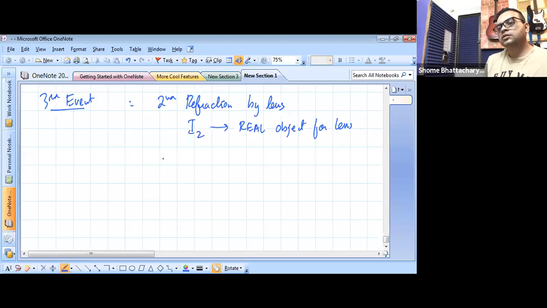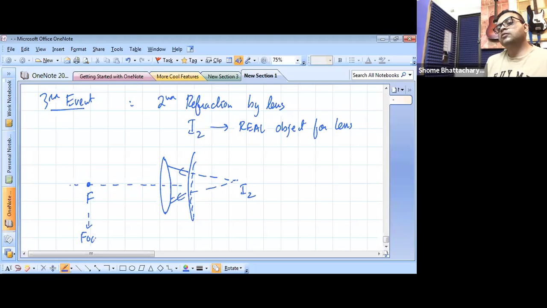Because as far as the lens is concerned, the rays incident on it are coming like this. They are coming from this, albeit virtual point, but it's in front. And the focal position of the lens will be this time over here because it's a converging lens. So this is the focal point for the lens. It's a real focal point.